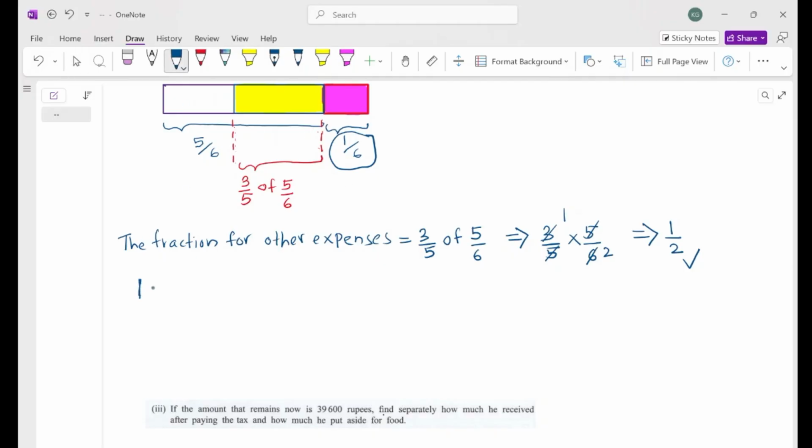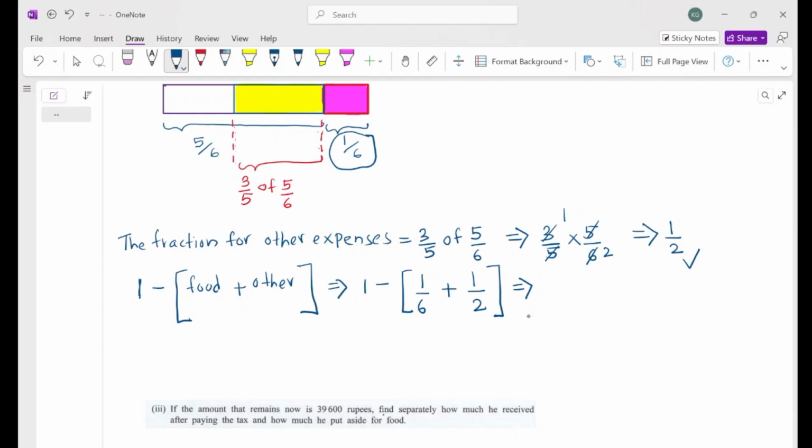From this one we are deducting the fraction for food and the fraction for other expenses. Now I will put the fractions here. 1 minus, for food 1/6 plus, for other expenses we found that is 1/2. Now I have to simplify this.